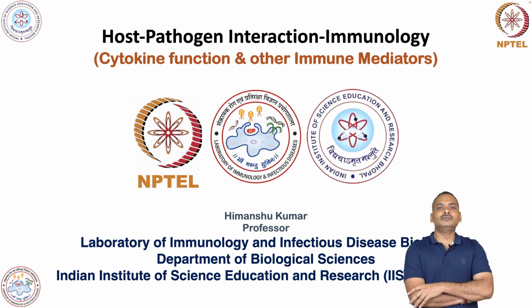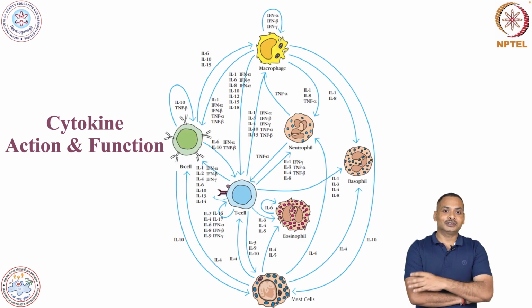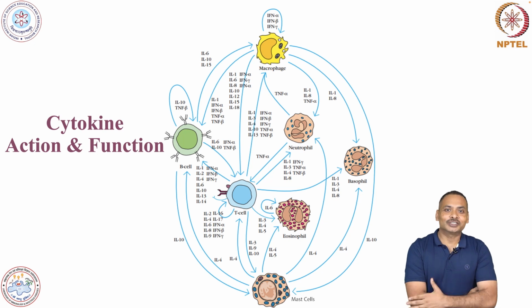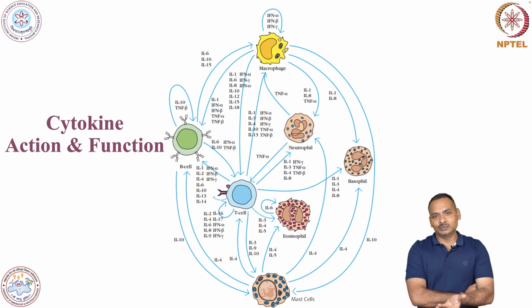Okay. So, here you can see the complex network of cytokines. You can realize it is quite complicated, right. Here you can also see there are some cytokines which are produced by the same cells and acting on the same cell.